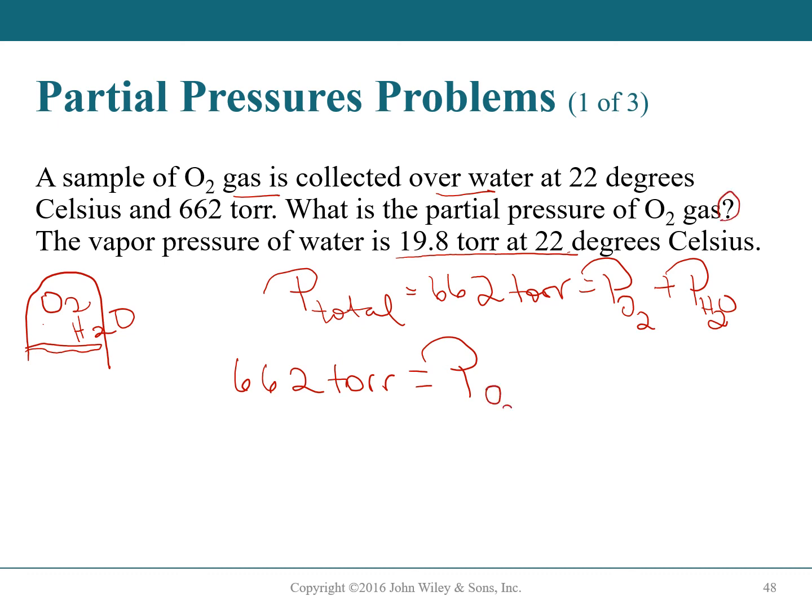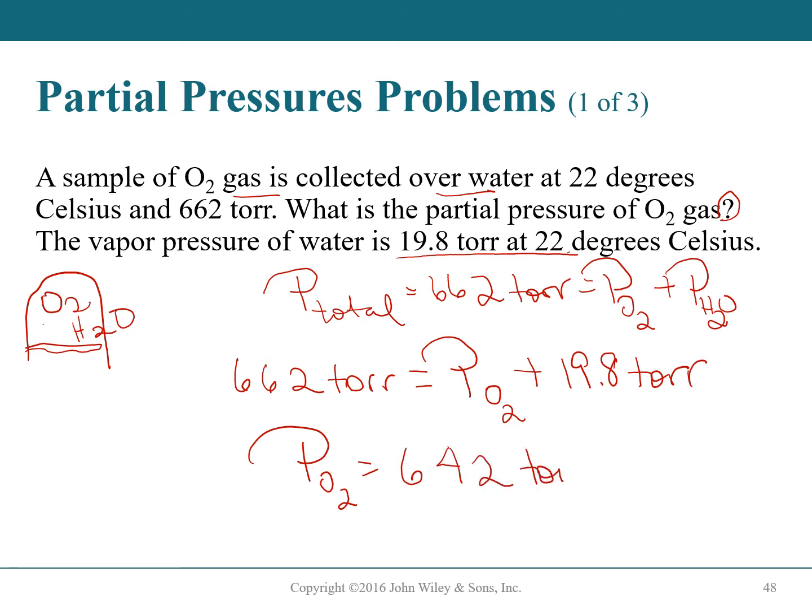The partial pressure of oxygen, remember it's the sum, so we add the 19.8 torr from the water. So the partial pressure of oxygen is going to be the difference of the two: 662 minus 19.8. So we get something like 642 torr.